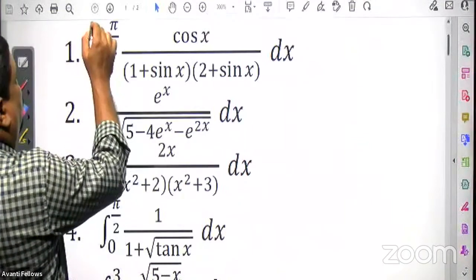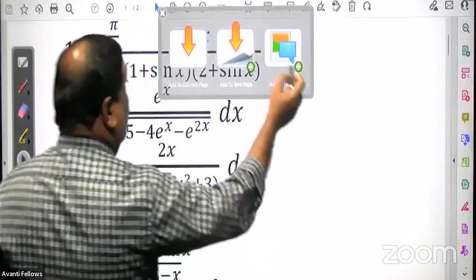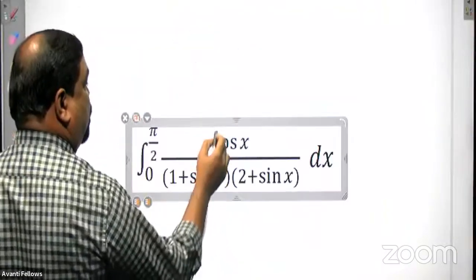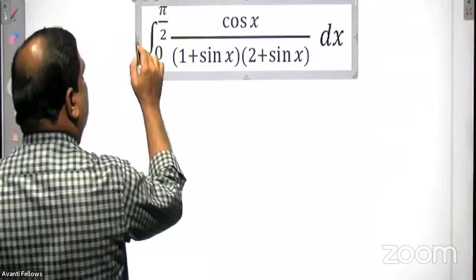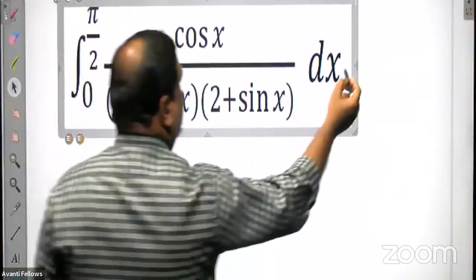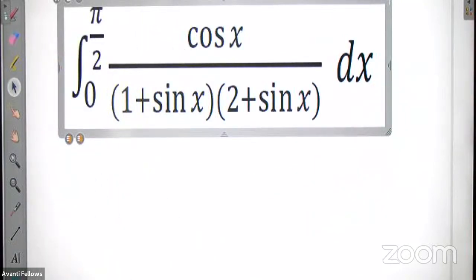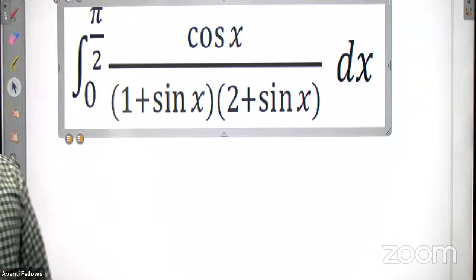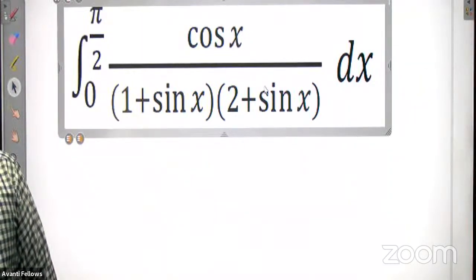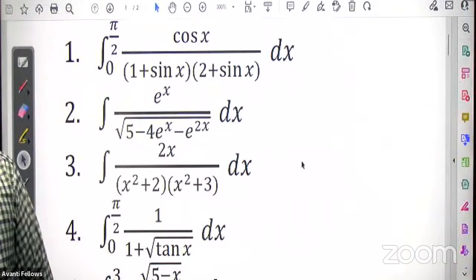I think most of you may be able to do this problem. What is the method? Let me see your chat box. You just tell me the idea. What should be done here?